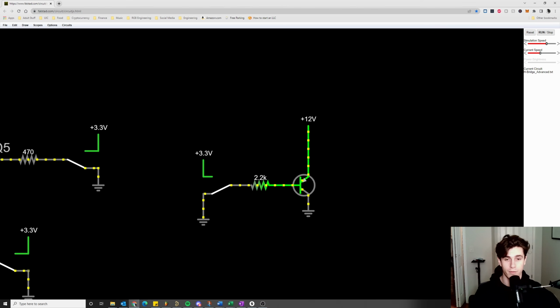So if you're extremely observant, you might have noticed that in order to get a PNP transistor to stop conducting, or enter its cutoff region, this node right here would have to be pulled up to VCC, or in this case, 12 volts.